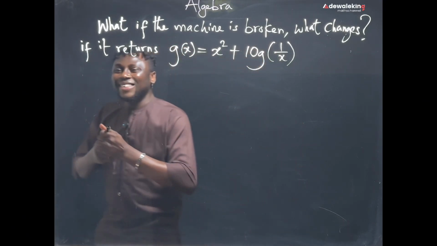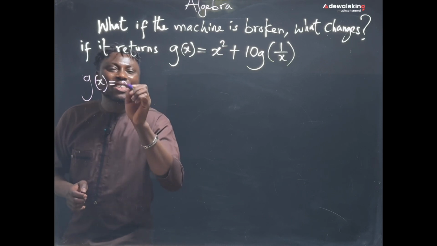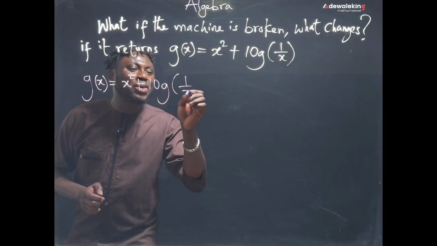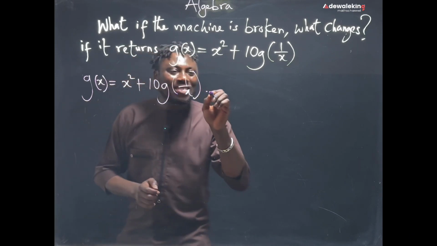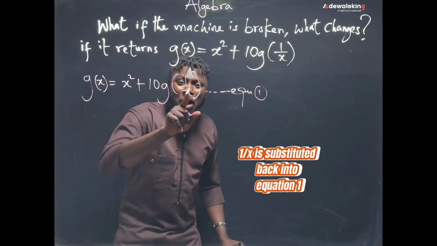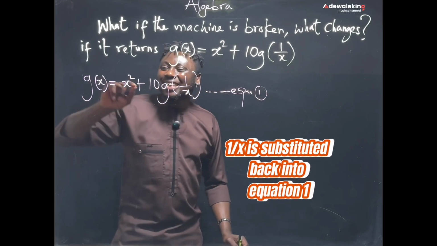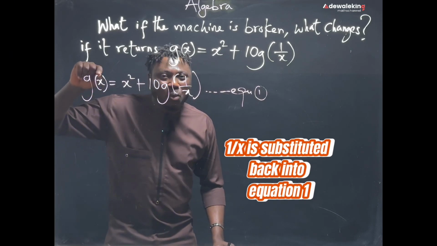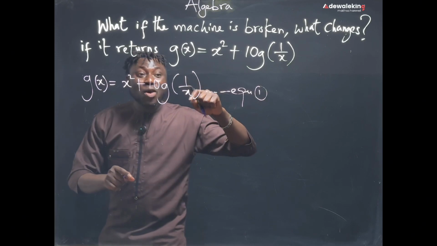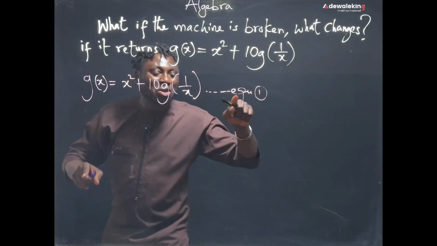Let's say g of x is equal to x squared plus 10g of 1 all over x. Let's call this equation 1. The 1 all over x will be substituted back into equation 1.